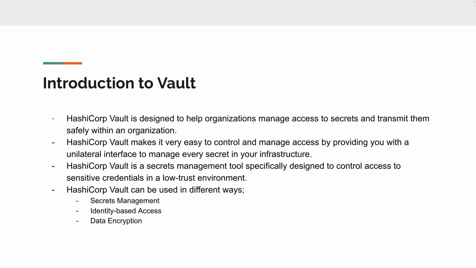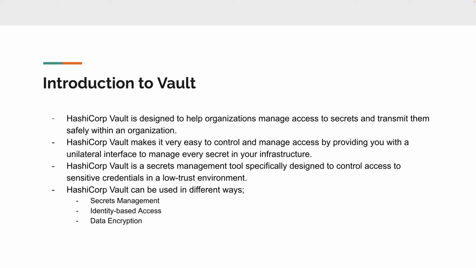There are many ways to use HashiCorp Vault. One is secret management, another is identity-based access. Suppose I'm a person with privilege over all secrets, whereas person B has limited secret access.